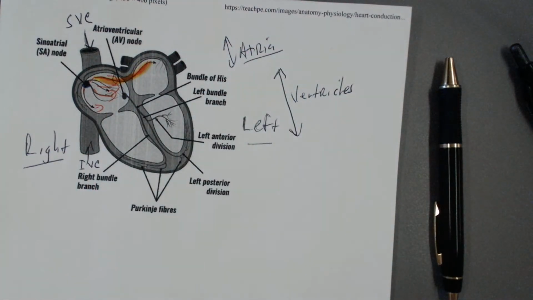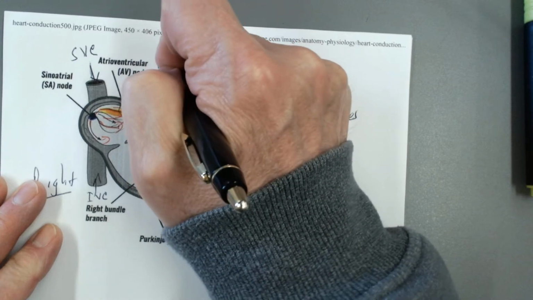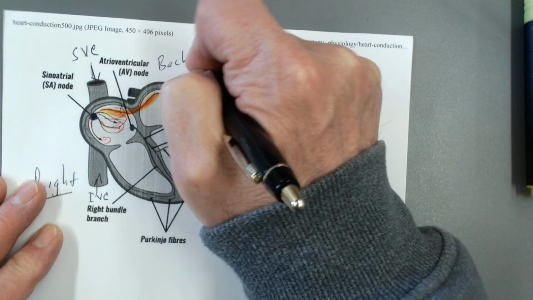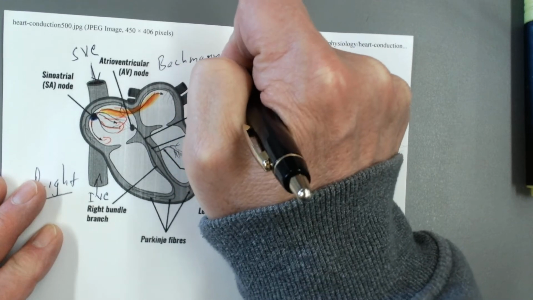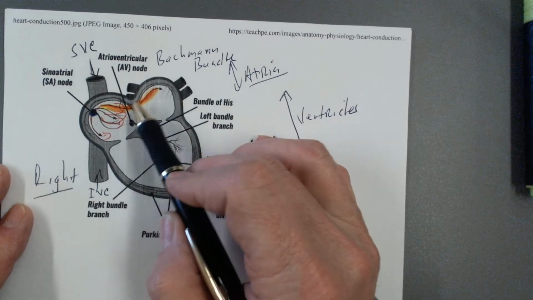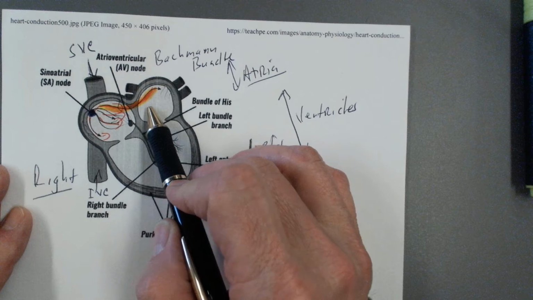That is called the Bachmann bundle. And this will now cause these two atria to pretty much contract simultaneously.